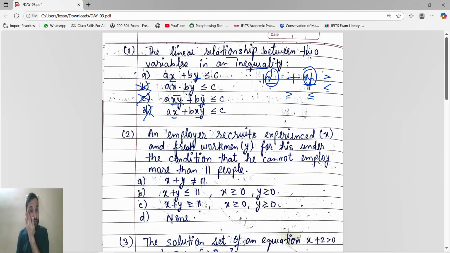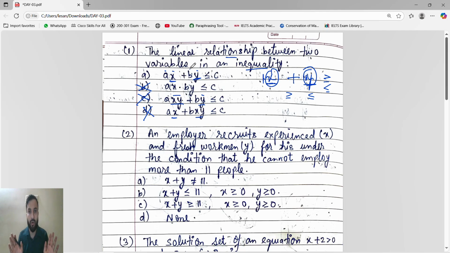What does A indicate? A indicates the coefficient of x, and B indicates the coefficient of y. So for a linear relationship between two variables x and y, the symbol will be either plus or minus, and it should be in the form of x plus y.